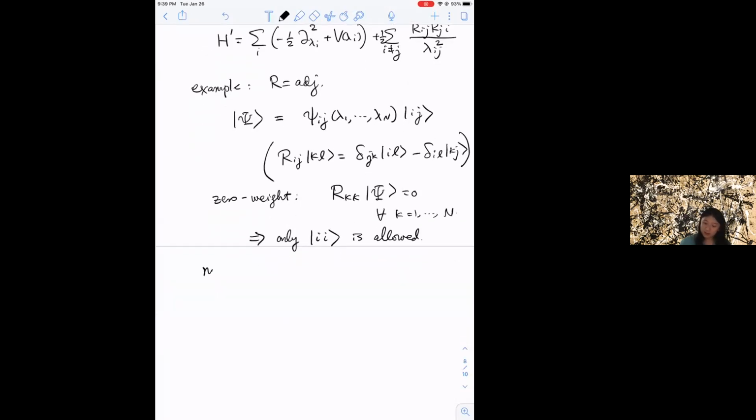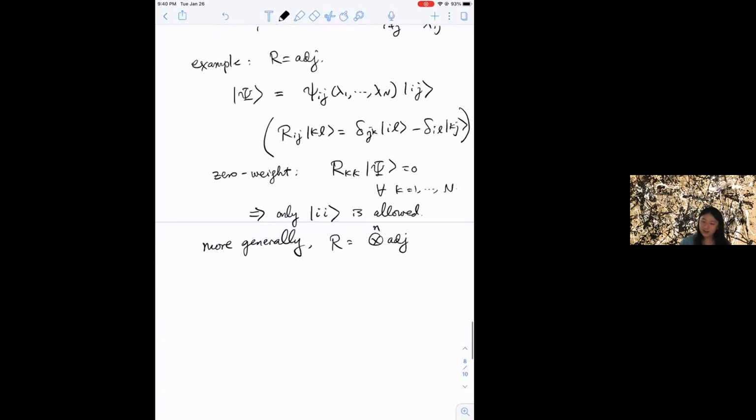Okay, so more generally, we're going to consider the representation that is the adjoint representation tensored with itself n times. In this case, the wave function can be written as psi_{i1 j1 ... in jn}(lambda_1 through lambda_n), contracted with |i1 j1 ... in jn>.